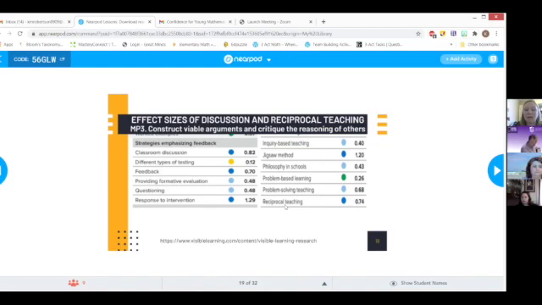Those all have very high effect sizes. Some are more than 2 years of growth. Jigsaw method looks like about 3 years of growth if students do it effectively and consistently. So we're going to zoom in on classroom discussion and reciprocal teaching, and look at some strategies to include those in our classrooms.